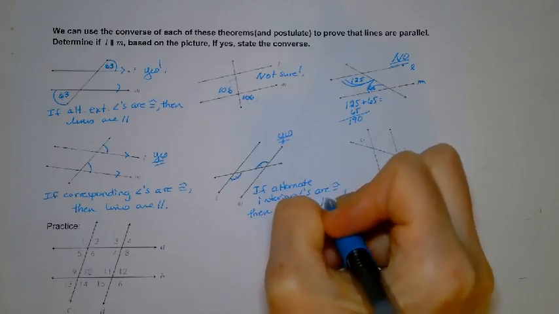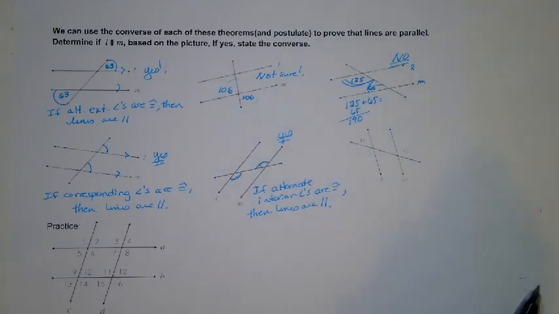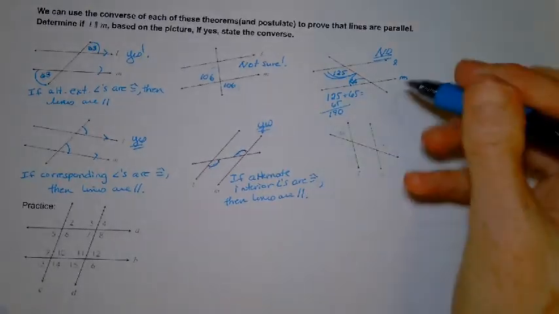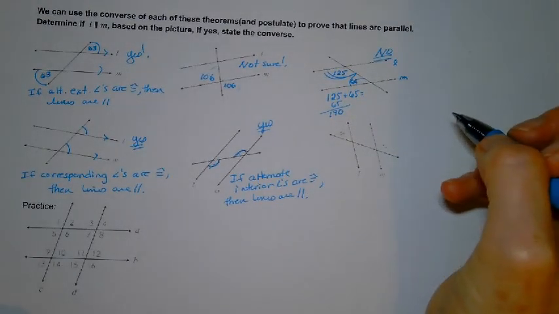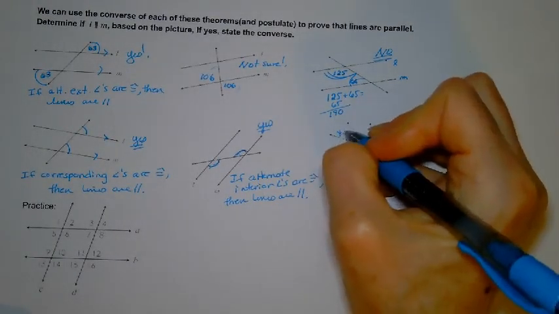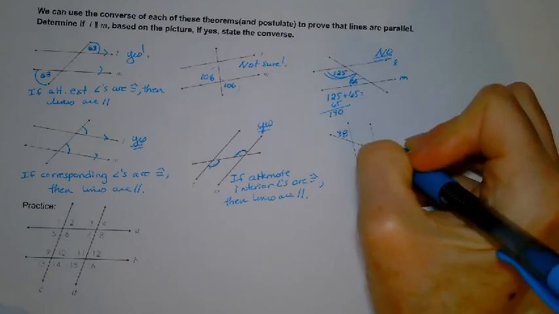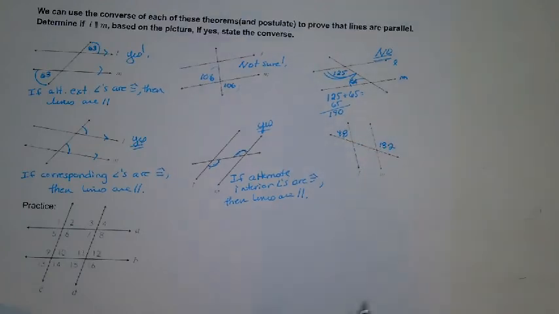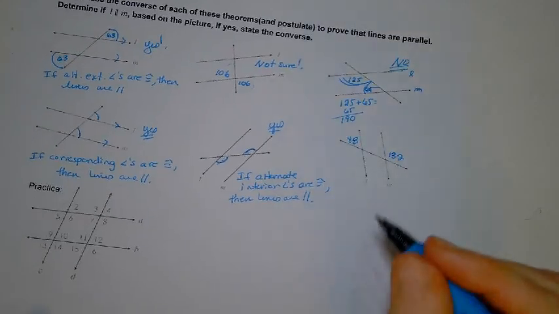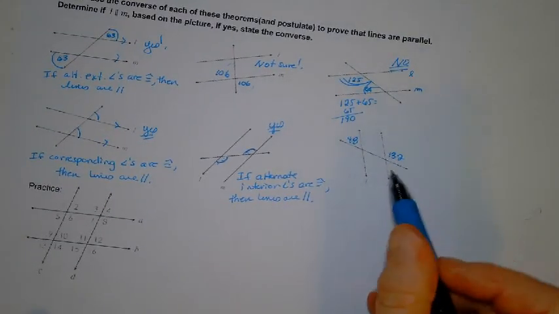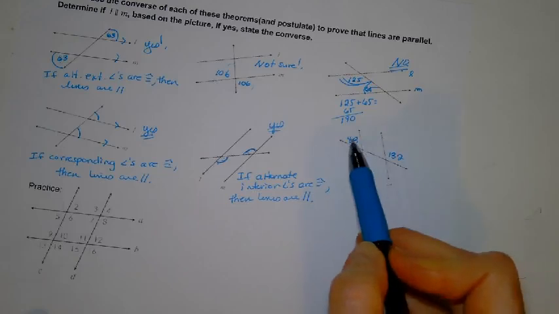The last example we're going to do is 48 and 132. In order for these lines to be parallel, these two same side exterior angles would need to be supplementary.